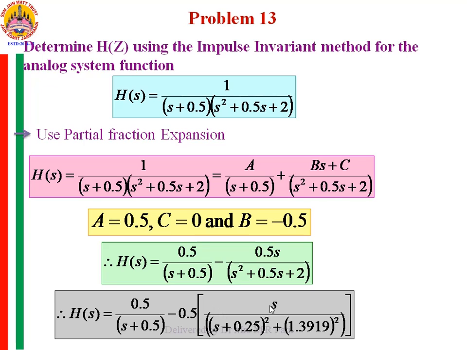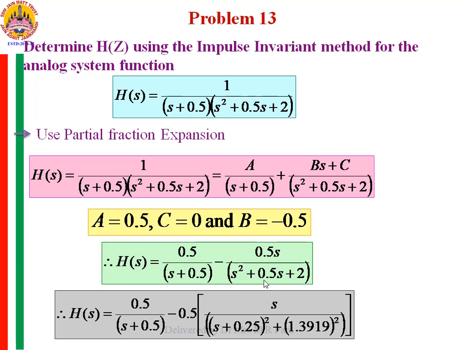Now for this I will adjust this as s divided by (s plus 0.25) whole square plus (1.3919) whole square. Now how do you obtain this value? From this coefficient of s you obtain a, that is this is 2 into a.